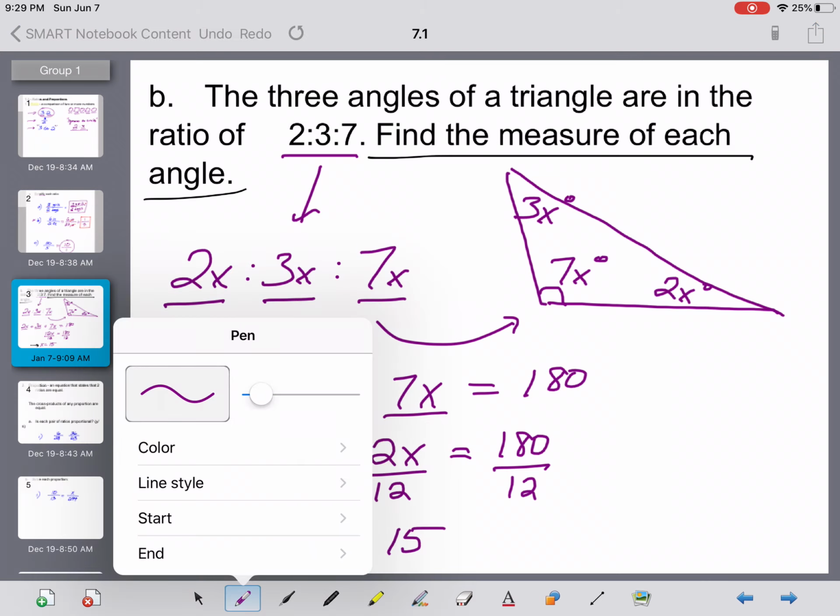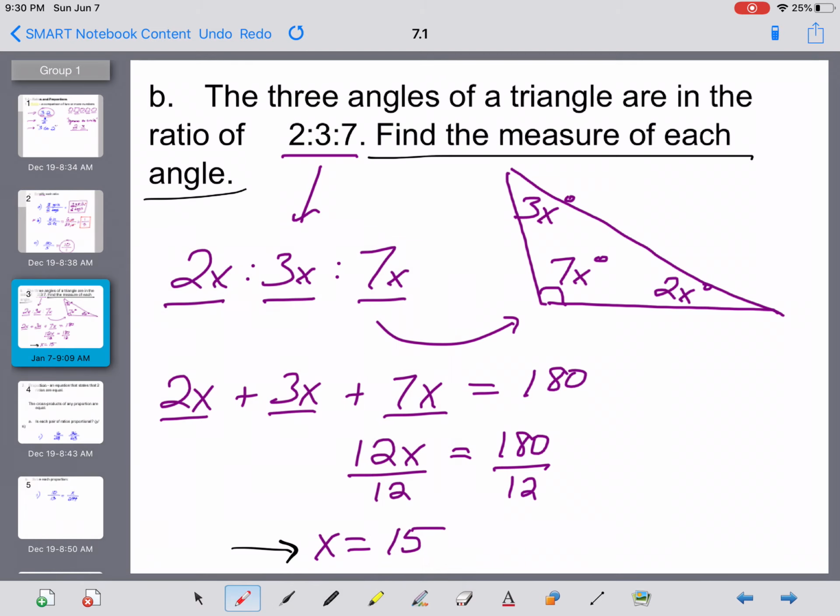And therefore, we've got to go ahead, let me switch to red right here, and find the measures of each of these angles. So the first angle out of the three was 2x. Knowing that x is 15, we would multiply 2 times 15 and get 30 degrees for the measure of this smallest angle.